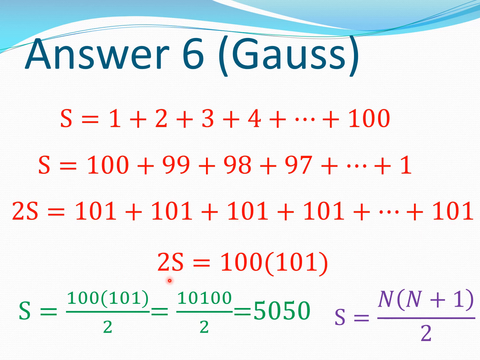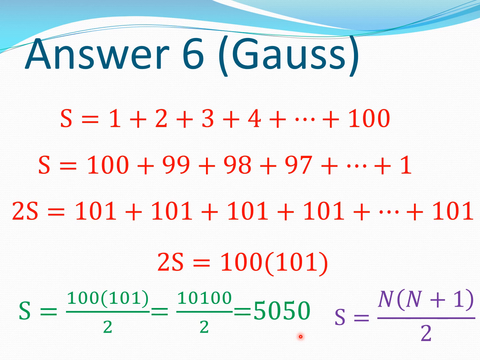And so immediately you can write 2S is 100 into 101, because there are 100 of these values of 101, and then after some simple manipulations, you can get the sum to be 5050.